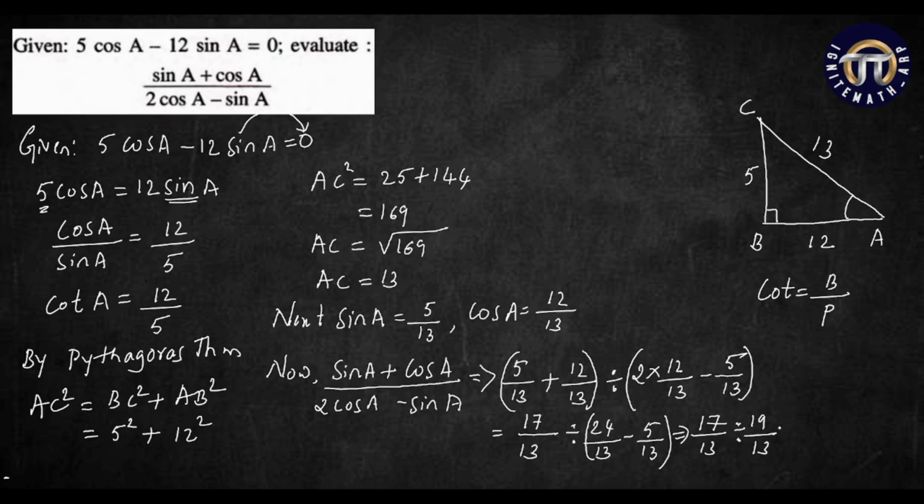Clear, children? So I can write this as 17 by 13 multiplied by 13 by 19. So 13 gets cancelled, right? So 17 by 19 is the final answer.